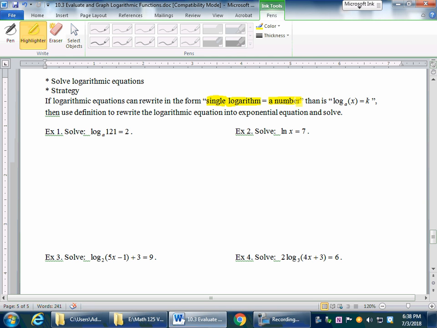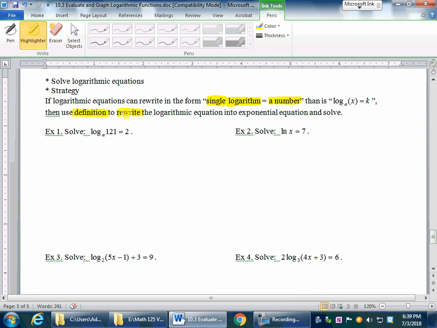then what we're going to use is the definition of a logarithm to rewrite it into an exponential equation and then solve the exponential equation. We're going to use the definition to rewrite the logarithmic equations into exponential equations to solve.